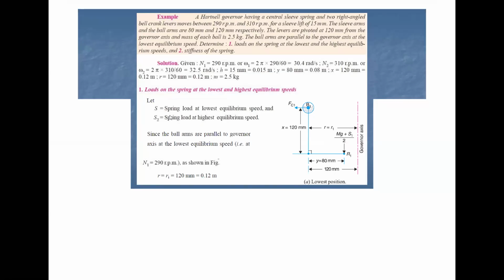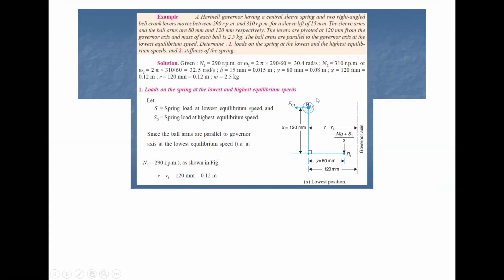Now we represent the loads on the spring at the lowest and highest equilibrium speeds. Let S1 equal the spring load at the lowest equilibrium speed and S2 equal the spring load at the highest equilibrium speed. Why?